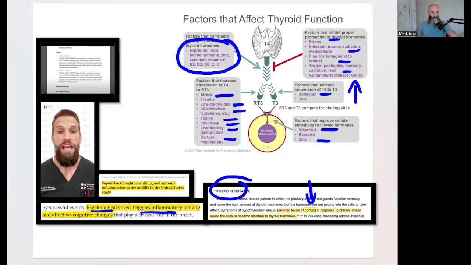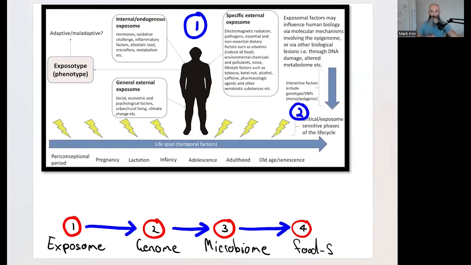Now, the way that you can absolutely fix this is what we call the functional method. What you want to do with the functional method is look at your exposome. That's your history, all your history in the past there, and your current blood labs. I've got a PDF you can download to show you what labs to get and what is optimal range. Then you can also look at your genome, and I've done another video about this, and it should be linked below.